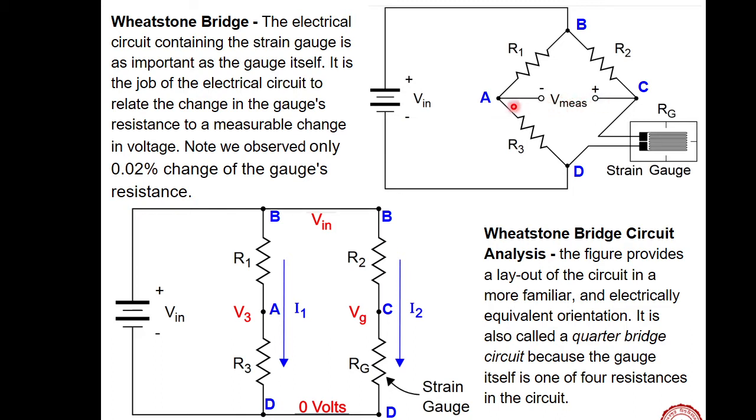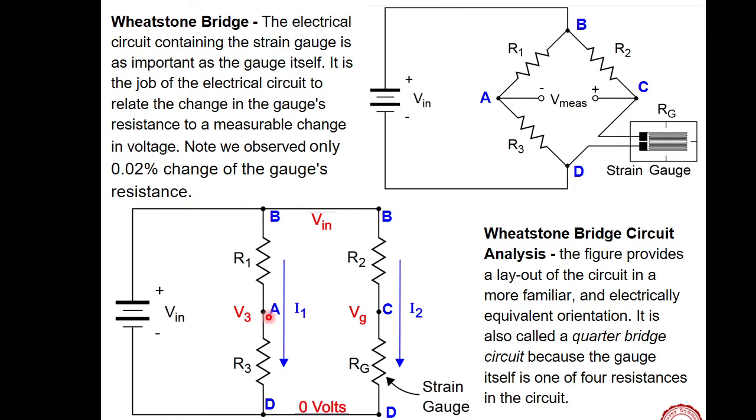The common voltage at point B is the supply voltage V in, and at the other end the voltage is 0. If this is 5 volt, then this is 0 volt. So at point D the voltage is 0. Now, at point A, let us say the voltage is V3.